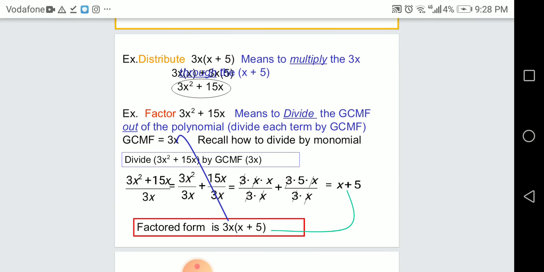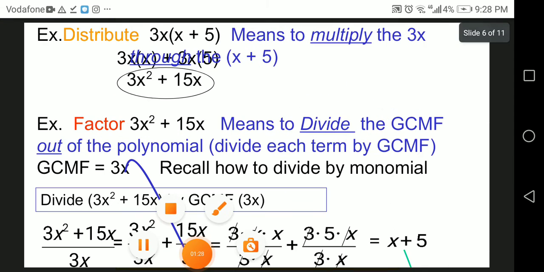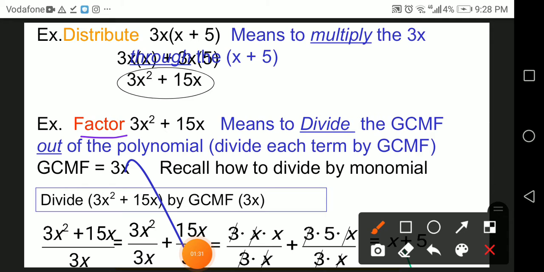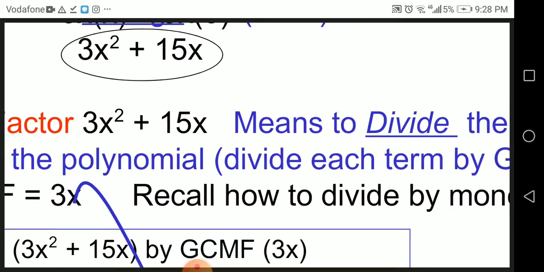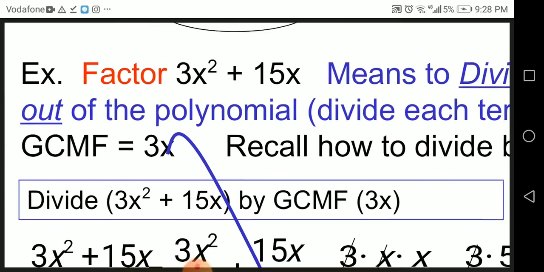What about if he asks me now to do something else, which is factor? Factor, we're going to divide by the greatest common monomial factor. I have here 3x to the power 2 plus 15x. Very easily, I'm going to divide.